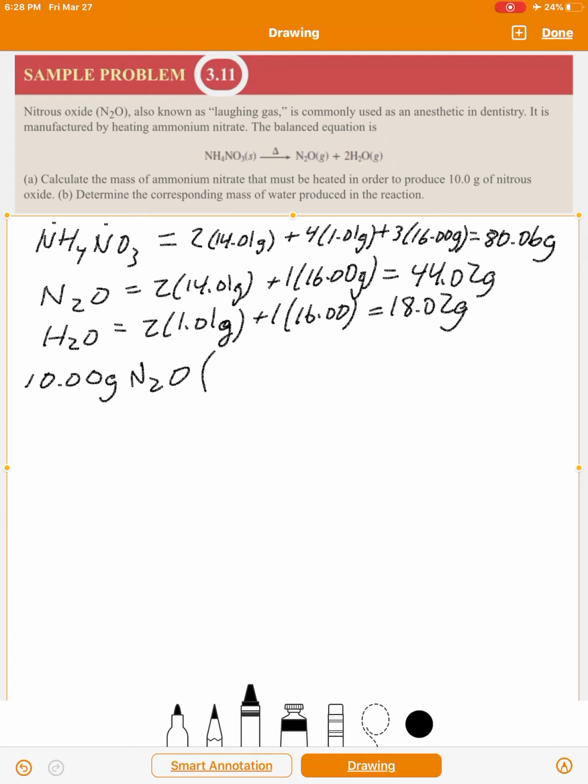So to convert N2O to moles, it's 1 mole of N2O per 44.02 grams of N2O. That's why I did the molar masses at the beginning. So 10 divided by 44.02, and you get 0.2272.